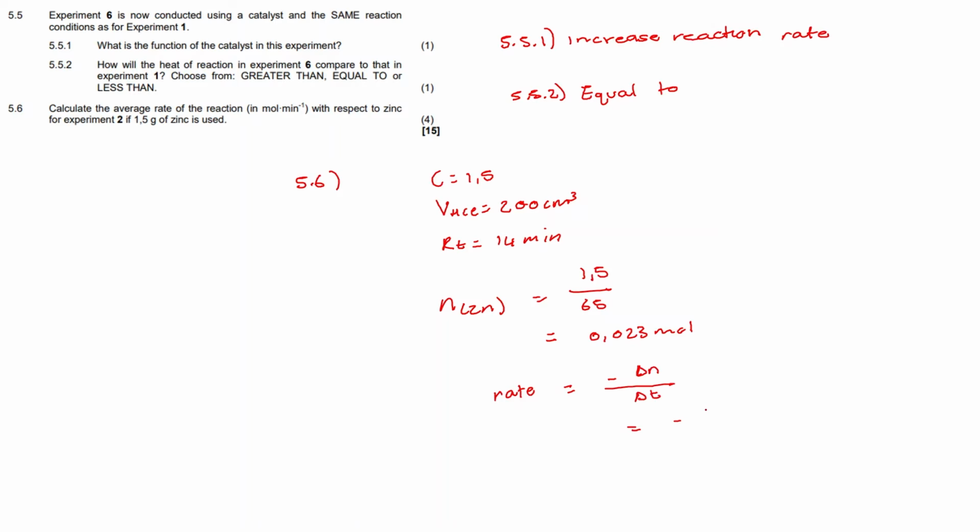The change in moles is we end at 0 and we start at 0.023, all over 14 minutes, which is what we end at, minus 0 because the reaction hasn't started. When we plug all of that into the calculator, we get 1.65 times 10 to the negative 3 moles per minute as our answer.